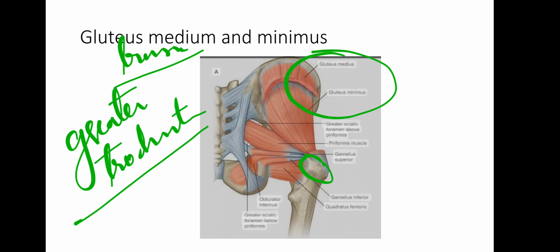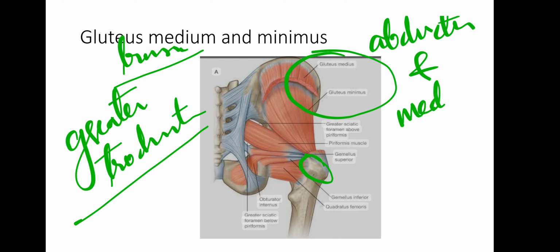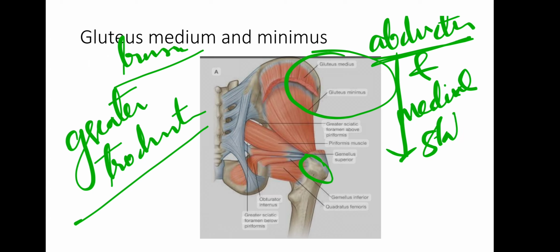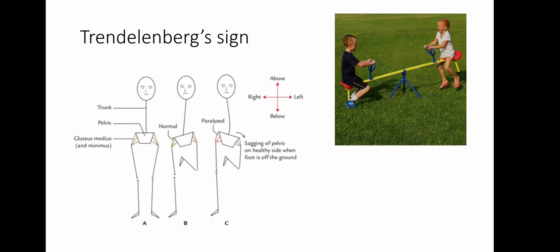What is their function? The gluteus medius and minimus help in abduction of the hip joint and a little bit of medial rotation. Abduction always helps in the stability of the hip joint. So we have come to the answer a little bit, but let's go a little deeper.